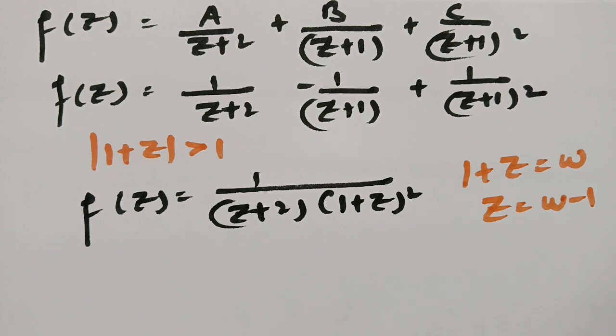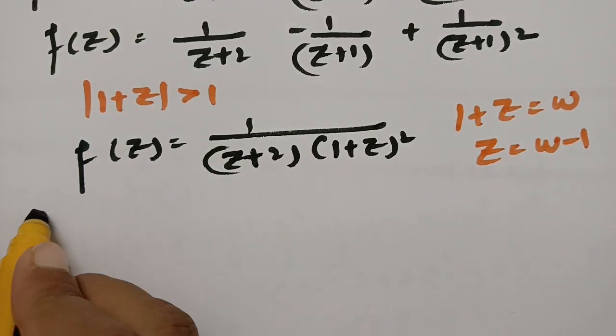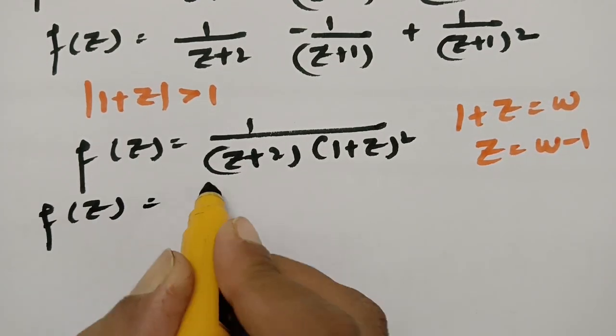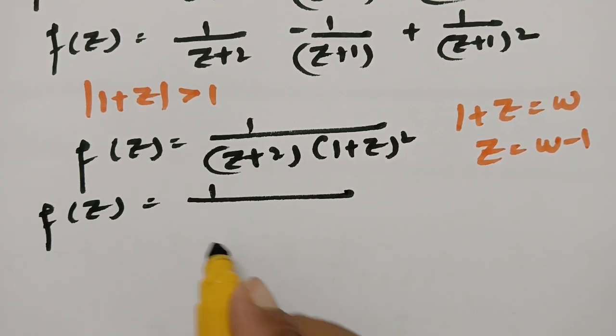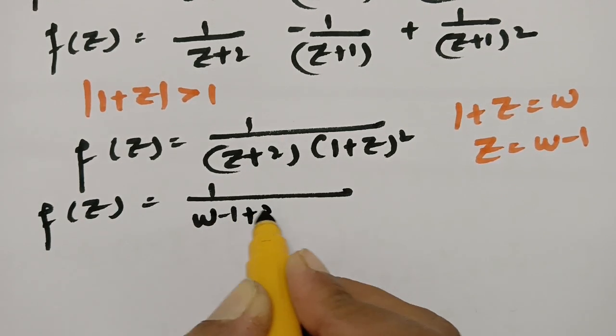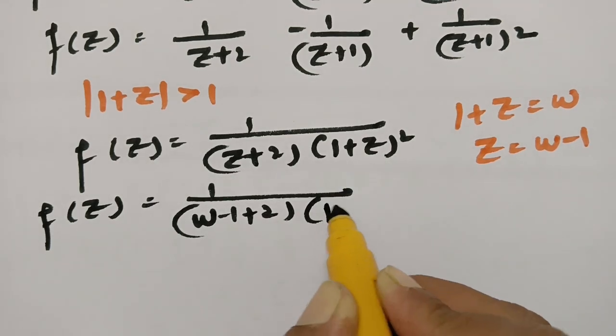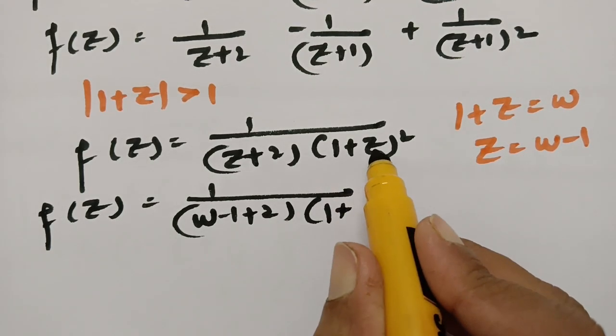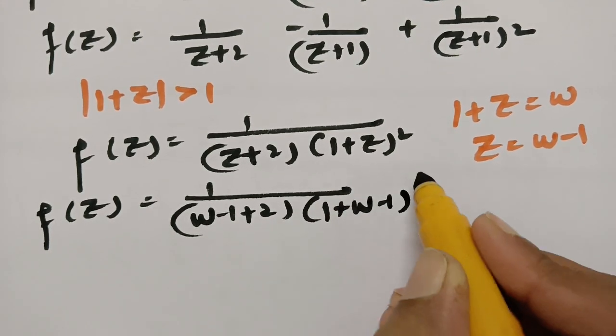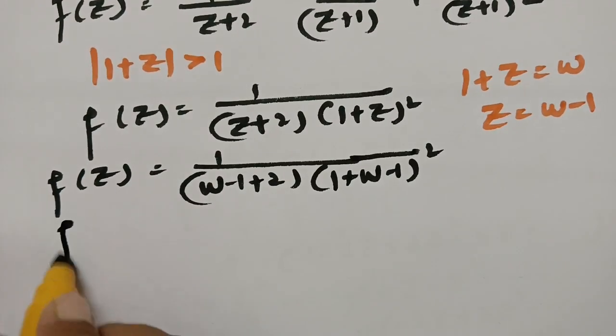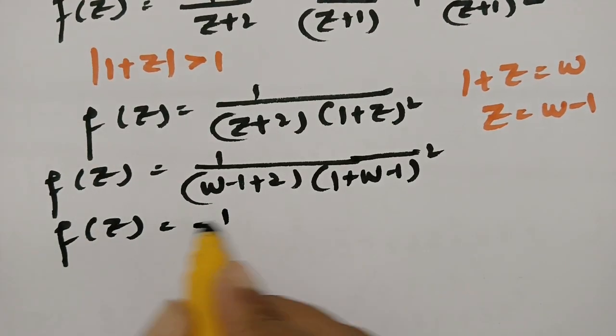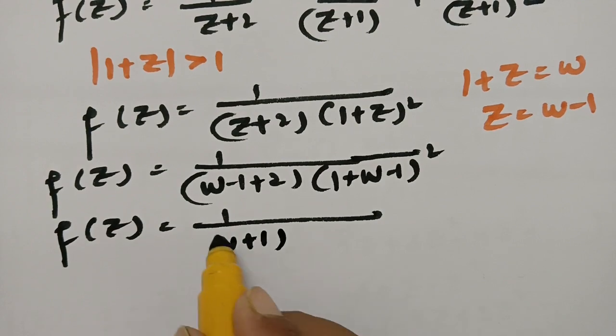In place of z, I am writing w minus 1 plus 2, and w minus 1 whole square. Therefore f of z is equal to 1 by w plus 1.